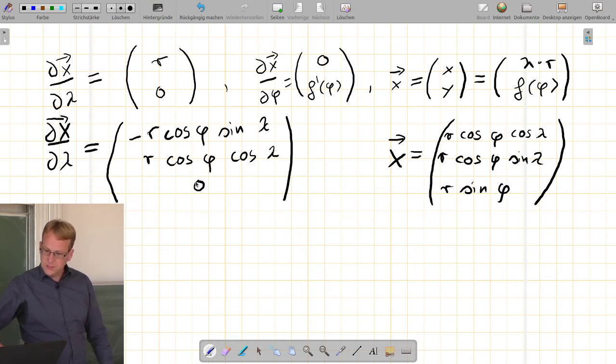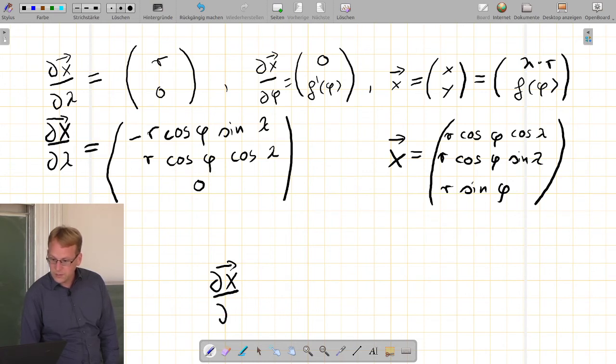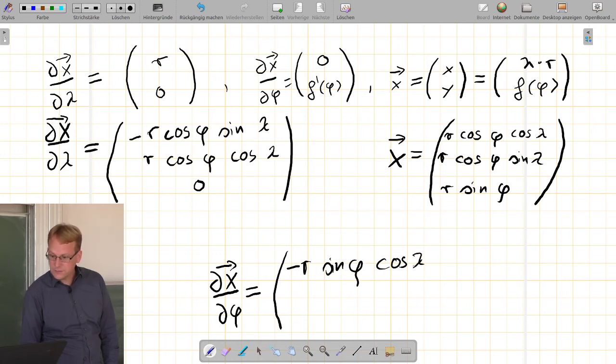And similarly, we can compute this derivation by phi. Let's do that. So here we have dX divided by d phi. So what is that? Here we have, well, it's actually the same? No, it's not the same. It's minus r sine phi cosine lambda.